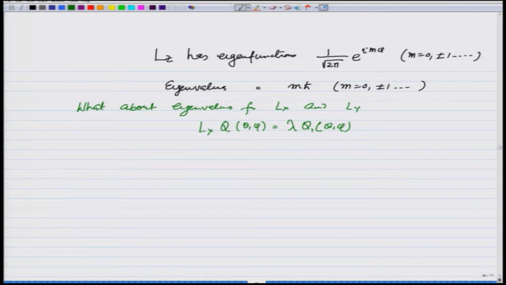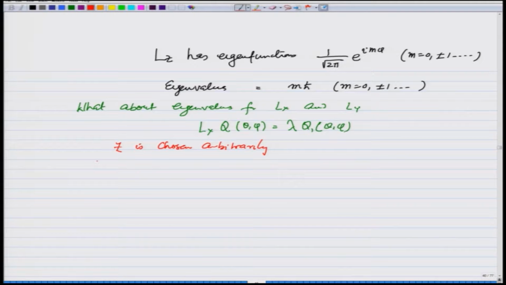Now, you see the direction z is chosen arbitrarily. So, if it is chosen arbitrarily, the next time this axis could be the z axis. So, eigenvalues should not really depend on the direction.